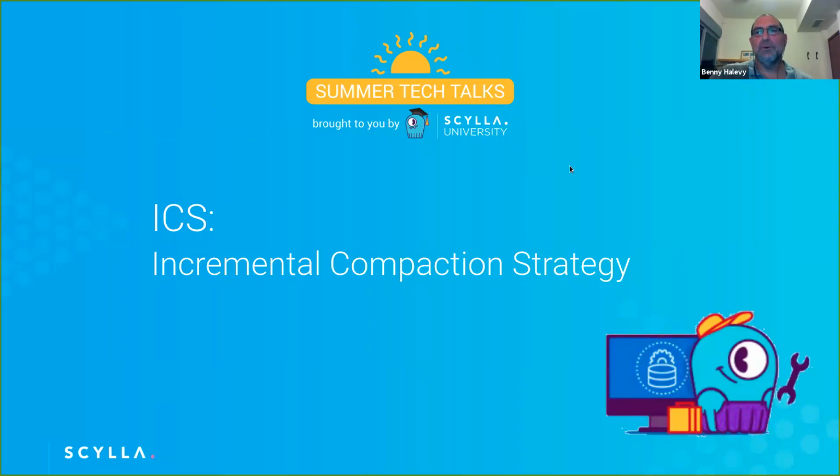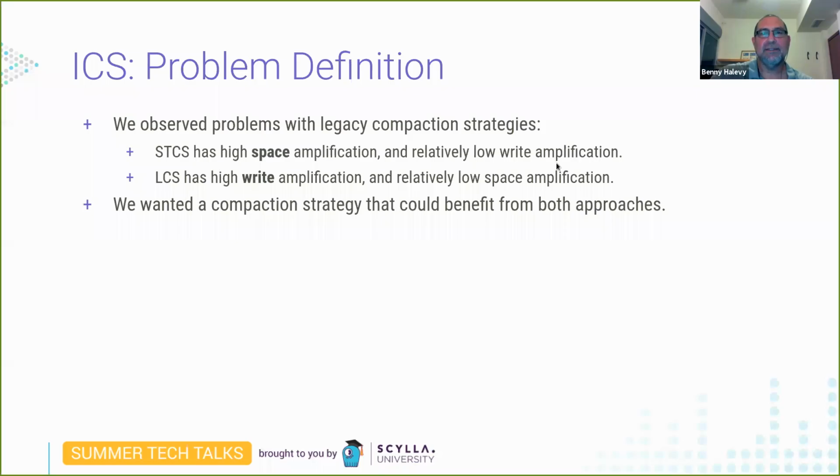Okay, it's time to present our new compaction strategy, incremental compaction strategy. Let's start with describing the problem that we are trying to solve. We observed problems with the legacy compaction strategies.